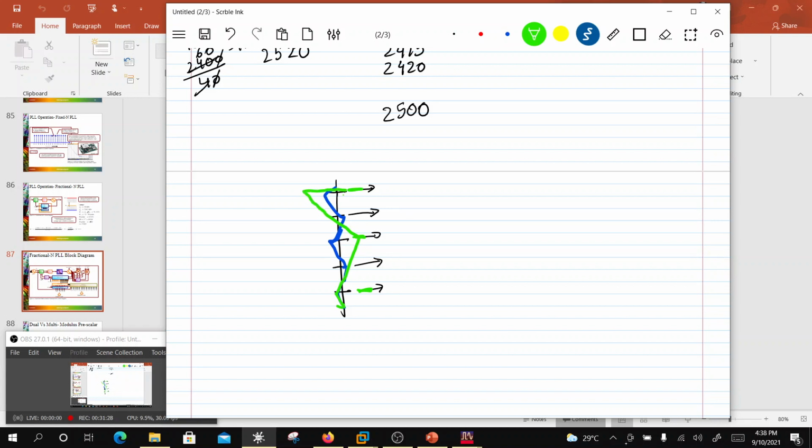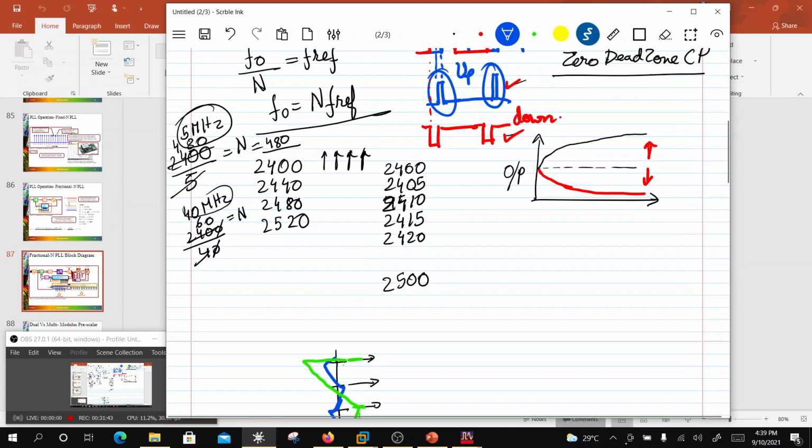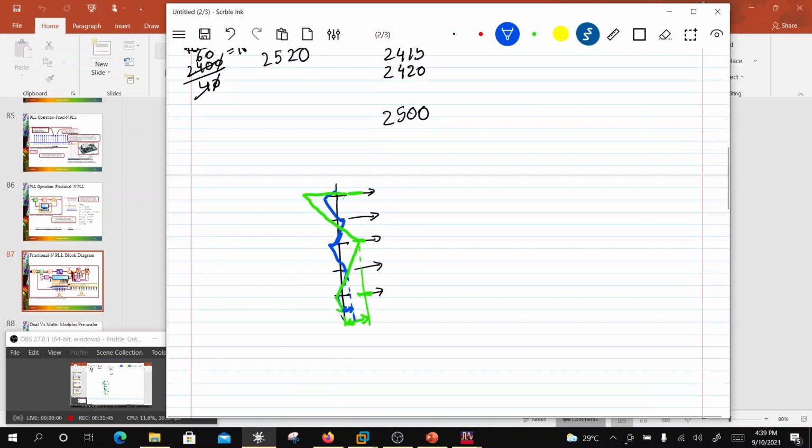So the error accumulated is now more compared to the error accumulated when you compare more frequently. I hope you understood what is meant by DT approximation of a CT system.